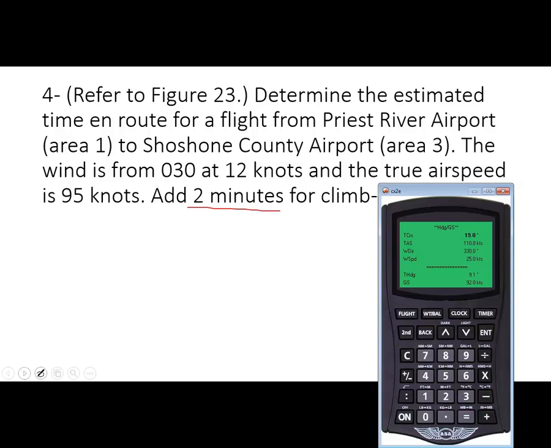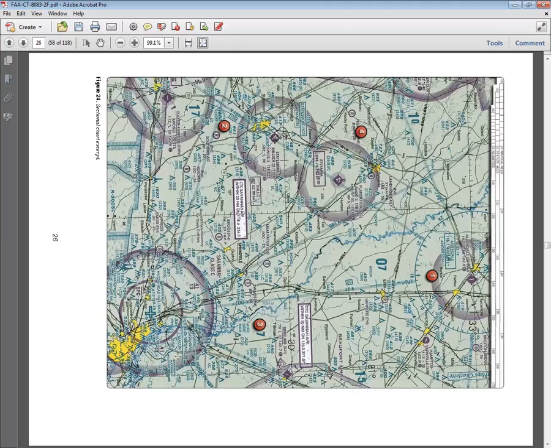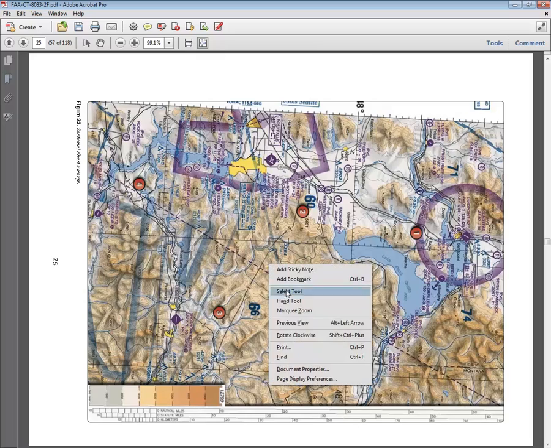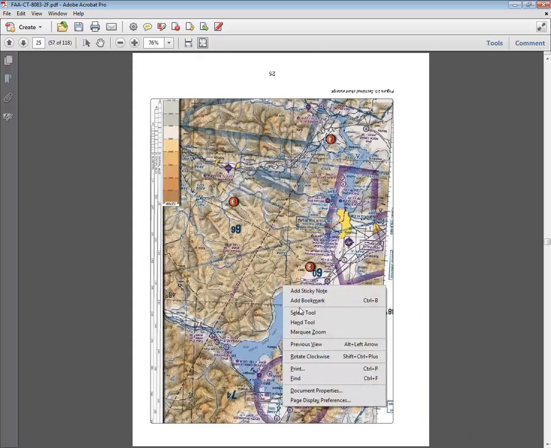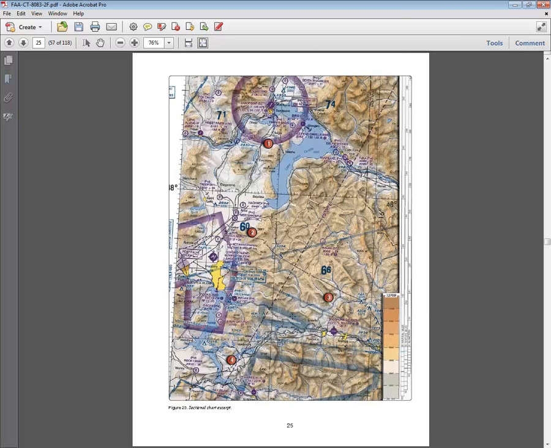So you'll bring up figure 23. And go up here to figure 23, and we'll rotate this. In measuring from Priest River to Shoshone County, that was area 1.